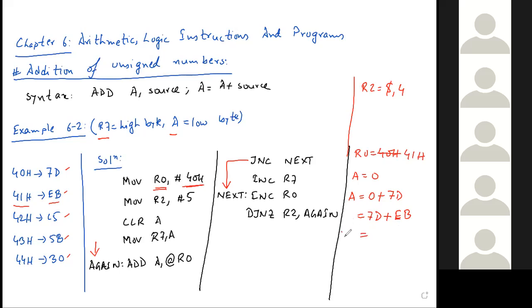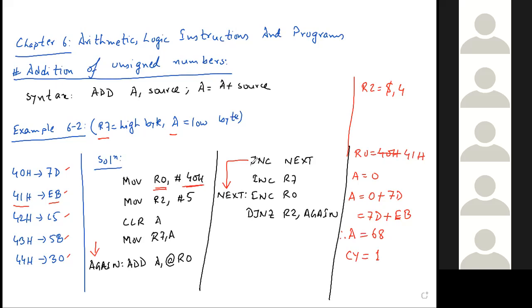So now tell me, if your result is 168, what will be stored in the accumulator? 68. Exactly, 68. So what will happen to the extra one? It will carry. It will move to high R7. That is later on, but for the time being, it will move to the carry bit of the flag register. So your carry will become 1. So this is how you get your result, that is 168.